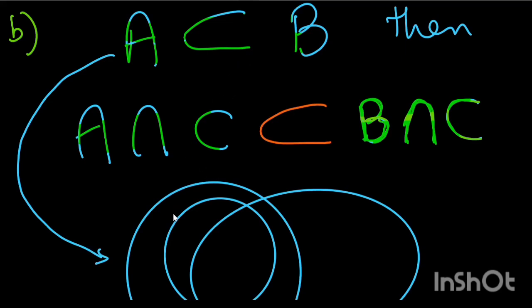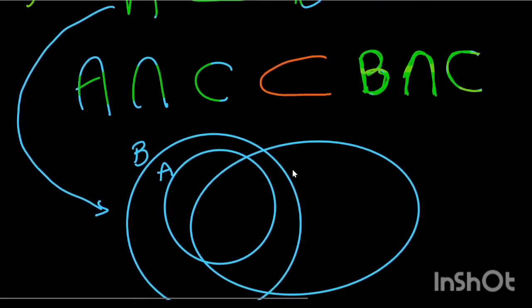The smaller one has to be A, and the outside one has to be B, then only A subset of B will be satisfied. And then in a generalized way, I will draw a set C such that it has some intersection with both A and B. As you can see, C is intersecting the circle of A and the circle of B also. Now, what is given in the question?